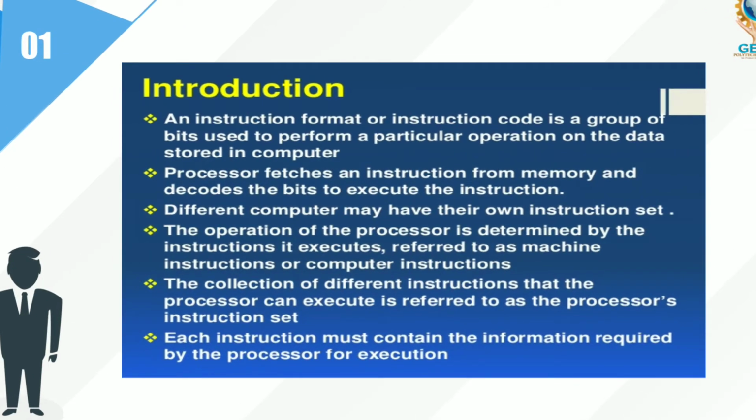I just want to read out for you, to introduce the instruction formats. An instruction format or instruction code, so please try to understand here, instruction format or instruction code, both are the same, is a group of bits used to perform a particular operation on the data stored in the computer.